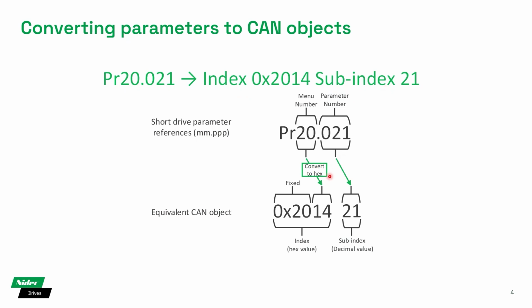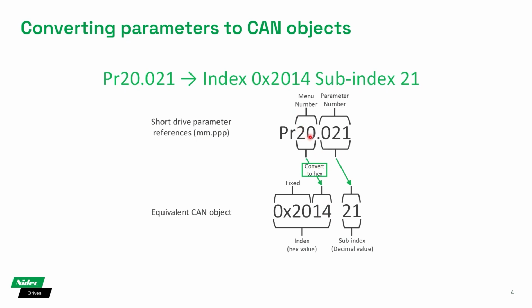Okay, so this diagram shows you how the conversion happens. For parameters in this format, just menu and parameter, the first part of the index value, which is a hex value, is fixed. It's always 20. The last part of the hex value is the menu number, but it has to be converted to a hex value.